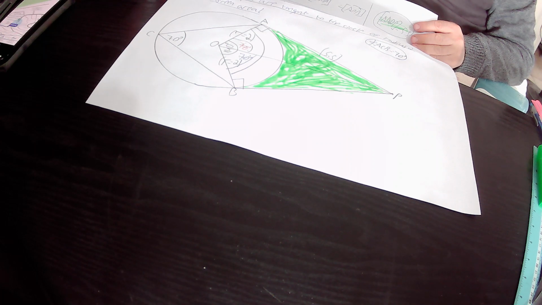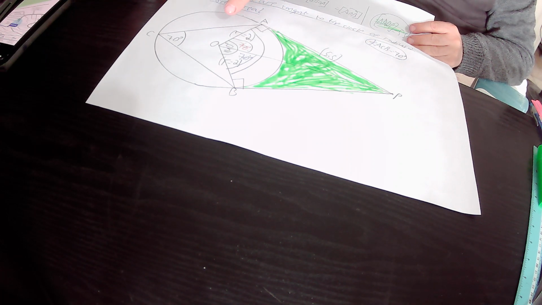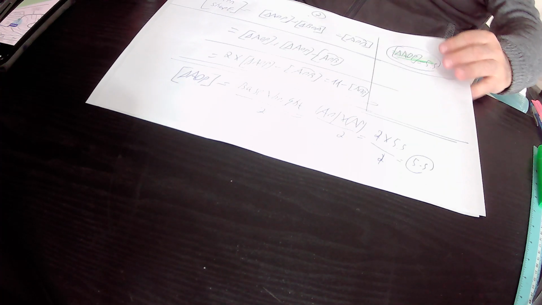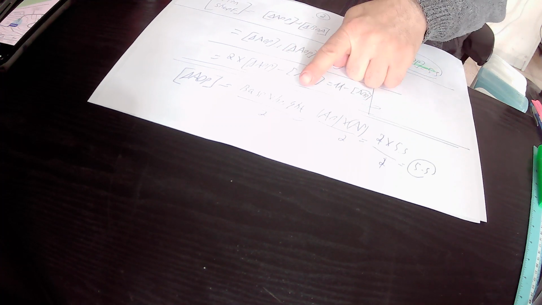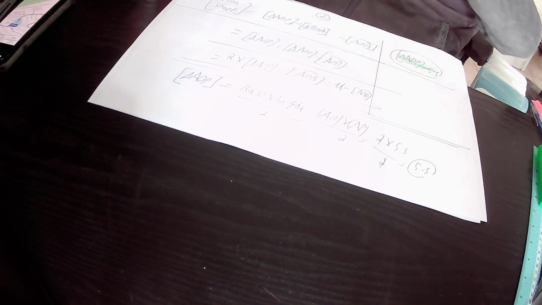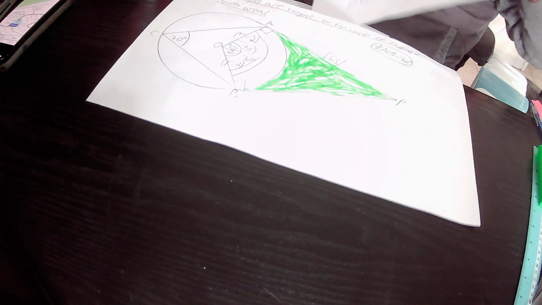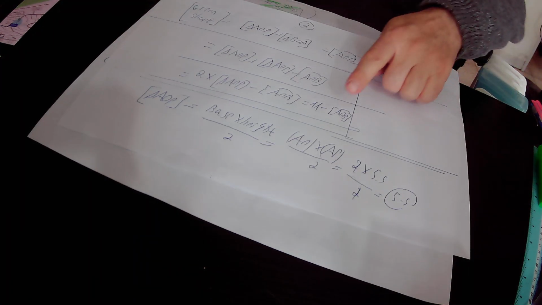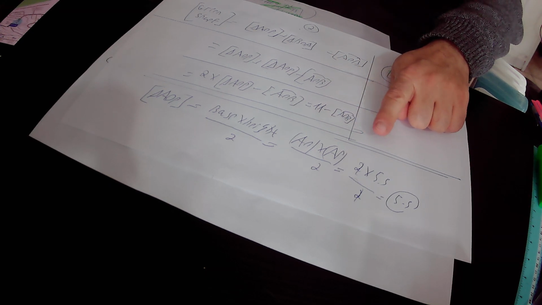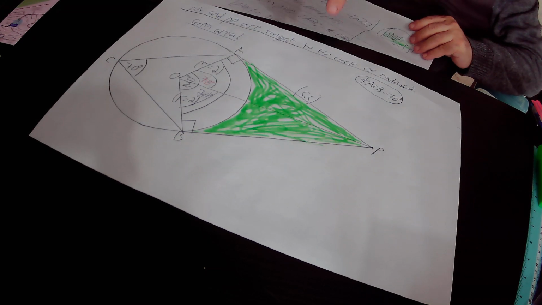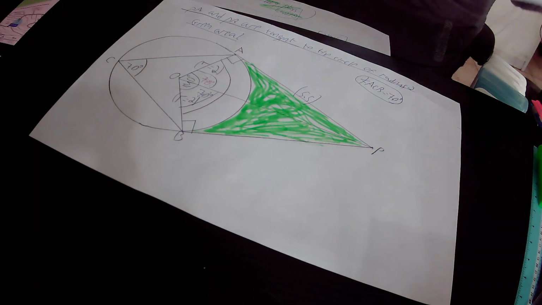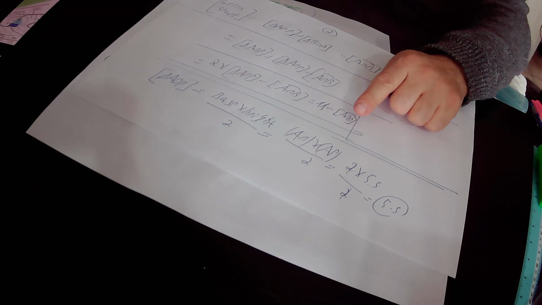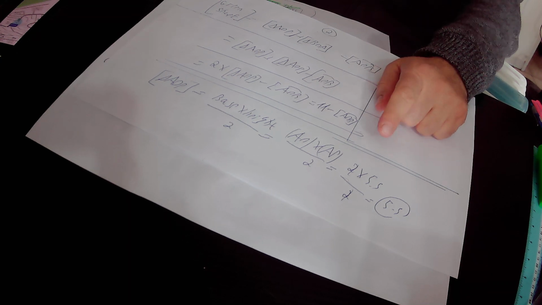So in this right triangle AOP, we choose the base as AO, and the height to the base is AP. AO equals 2, so we substitute AO by 2, and AP equals 5.5 units, so we substitute AP by 5.5, divided by 2.